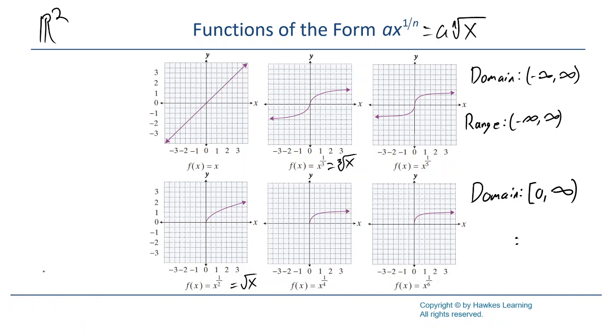That's what happens when I try to talk and write at the same time. The range would also be 0 to infinity. Because like I said, I can't get out any negative values from anything I plug in. So that's the way that we kind of want to keep these in mind.